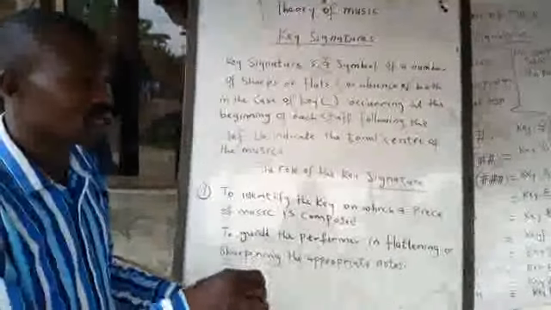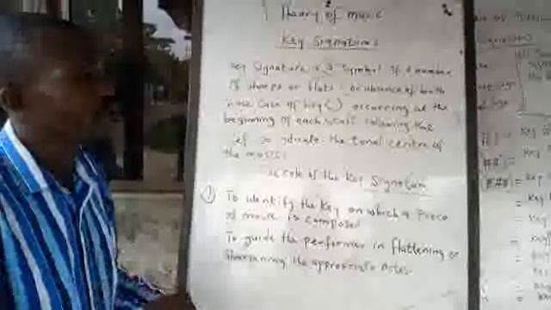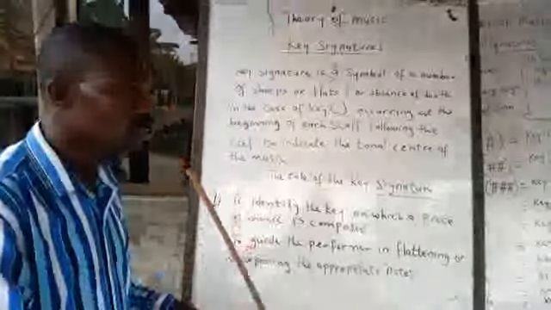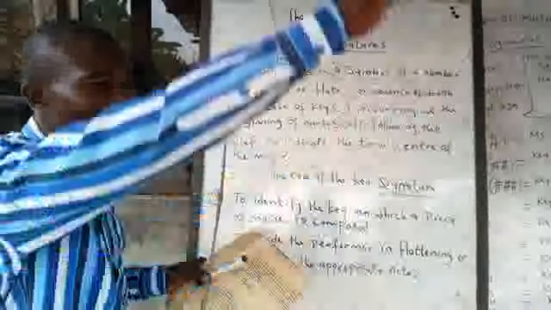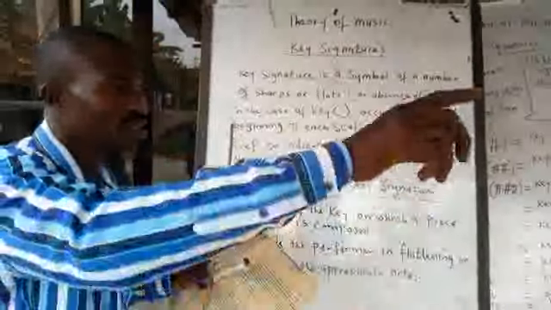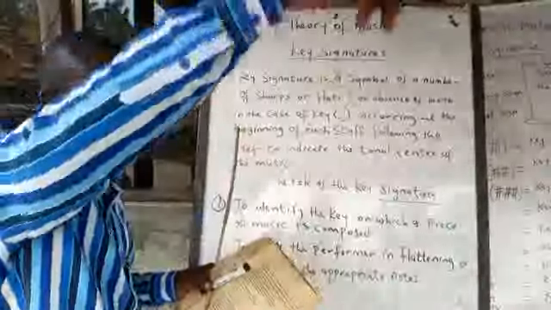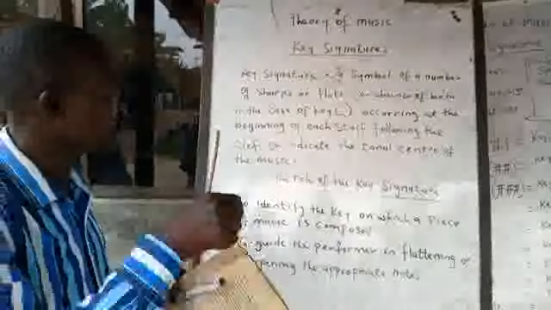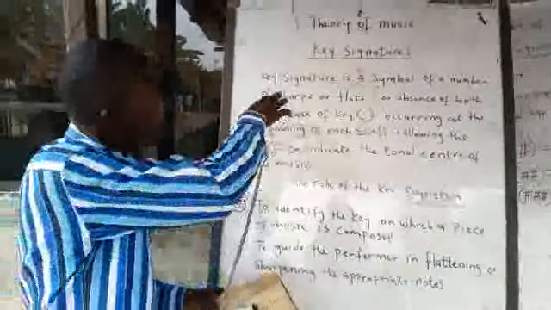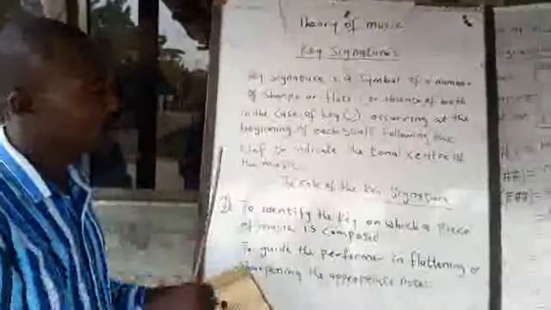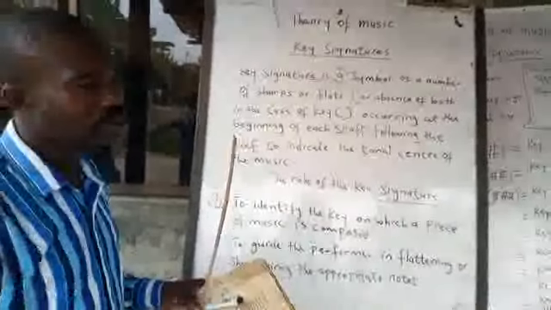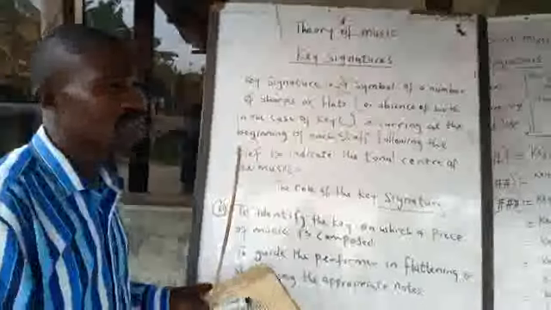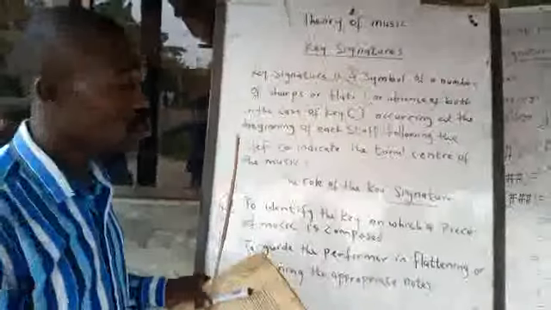So you who are going to work on that piece of music should be able to identify the type of key on which it is composed, so that it shows you the scale of the music, that is, how the scale goes up and down. So the tonal center of that piece of music is hinged on the key signature. That is what we say: this piece of music is on key D, this one is on key B, this one is on key C, and so on and so forth.